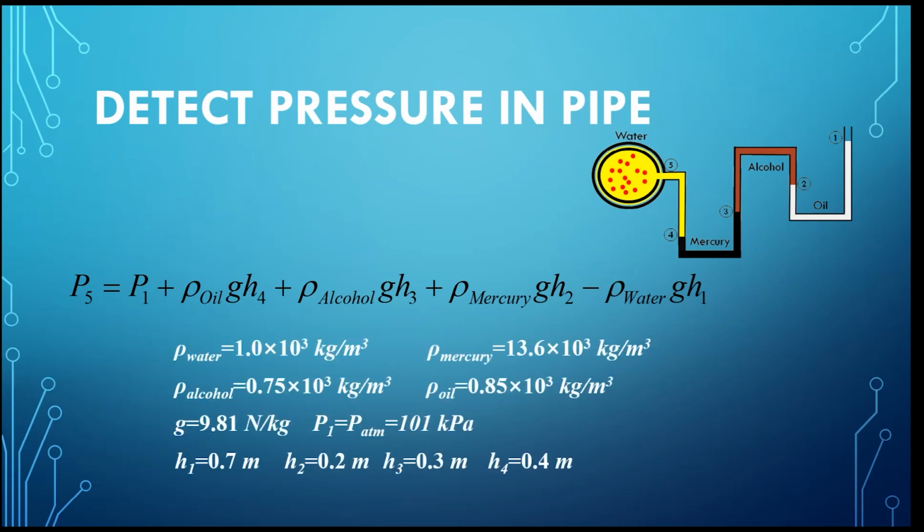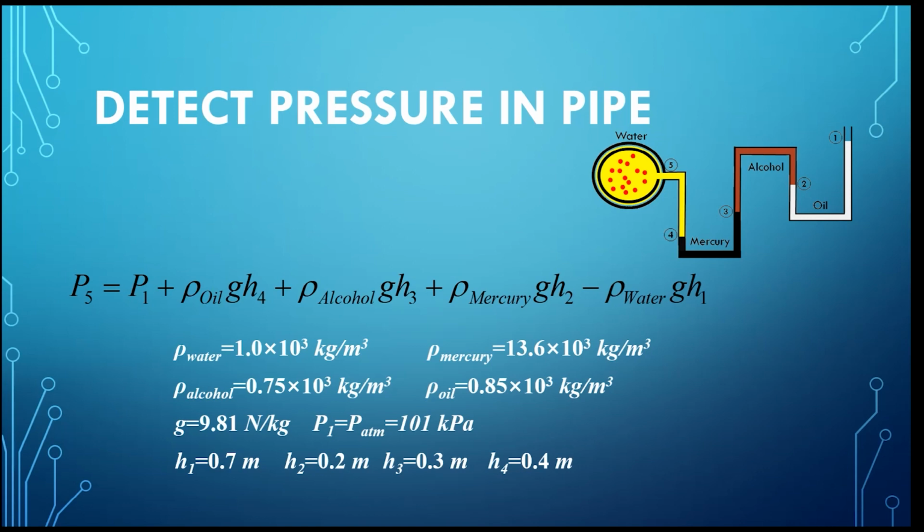Now we plug in the numbers of these variables. The density of water is 1.0×10^3 kilogram per cubic meter. The density of mercury is 13.6×10^3 kilogram per cubic meter. The density of alcohol is 0.75×10^3 kilogram per cubic meter. And the density of oil is 0.85×10^3 kilogram per cubic meter.